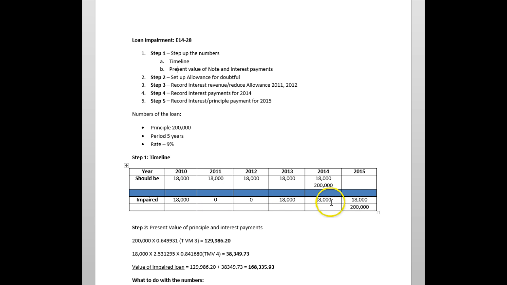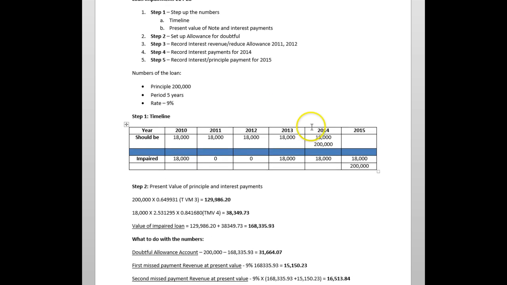But you are going to get some here, so you can't write the whole account off. After you do that, you'll record the interest revenue and reduce the allowance for 2011 and 12. Then in 2013 and 14, you'll go back to doing regular entries again. But you've got to do it in steps.